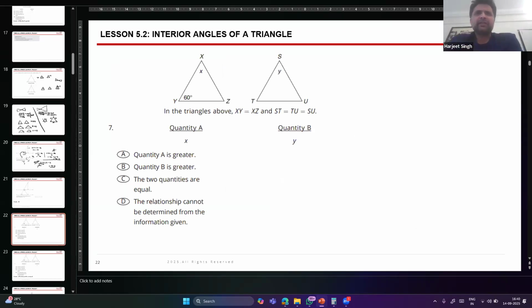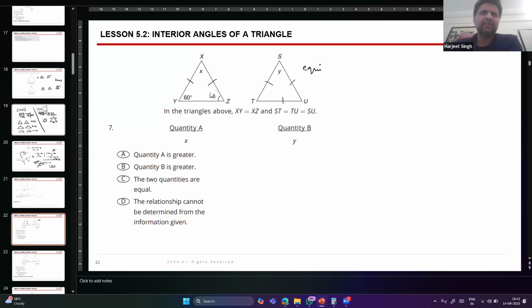Okay, another question. In the triangles above, XY is equal to XZ. Okay, so let's mark XY equal to XZ, and ST equal to TU equal to SU. So the second one looks like an equilateral triangle. In the first triangle, can I say two sides are equal, but the angle of one side is 60, so the other will also be 60, right?